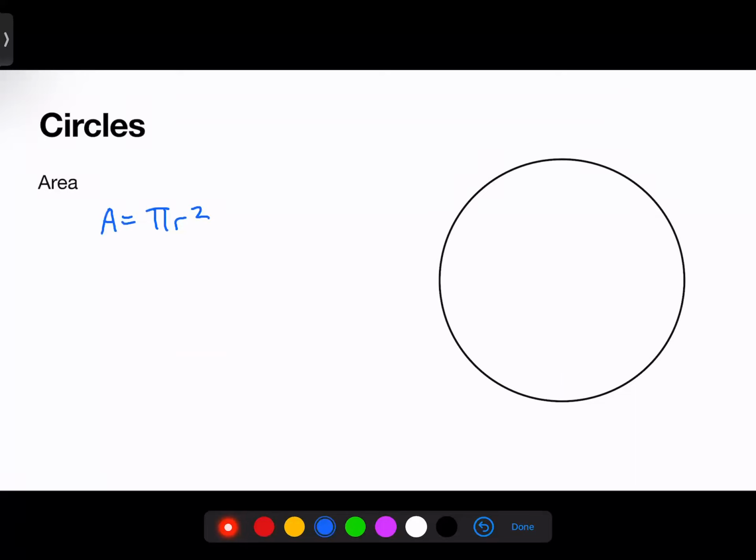If the radius of this circle is 7 meters, we can plug in 7 for r. Area equals pi 7 squared. 7 times 7 is 49. The final answer is 49 pi meters squared.